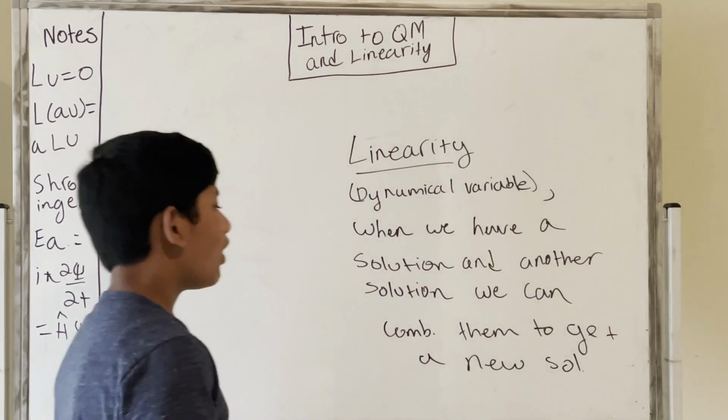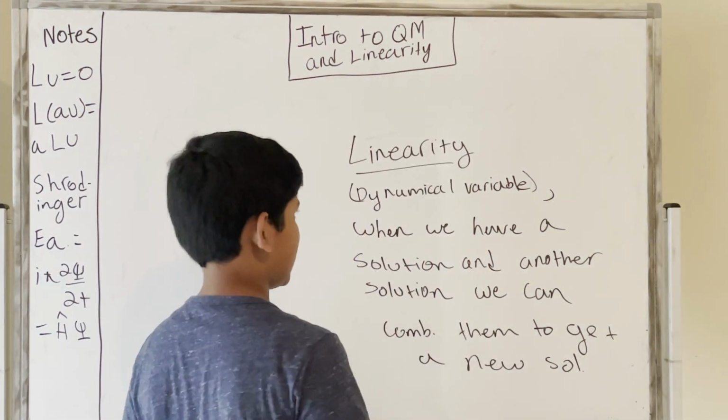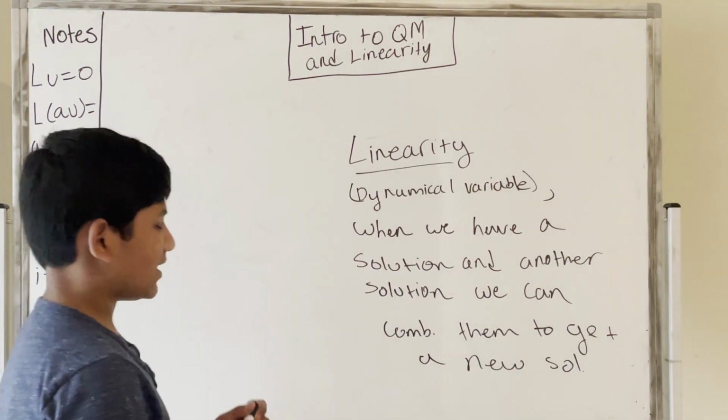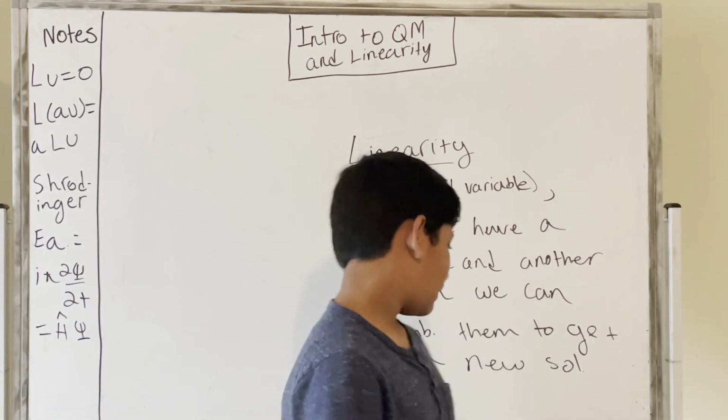Okay, so this is just a few words and we can understand this. So what does this mean? Well, we have the concept of linearity. When we have a solution and another solution, we can combine them to get a new solution.